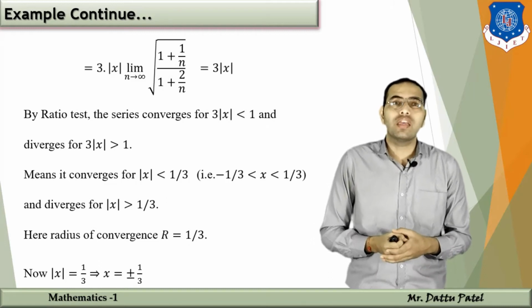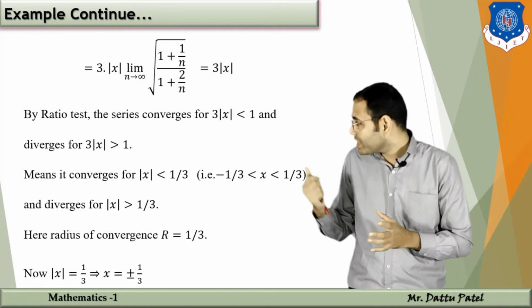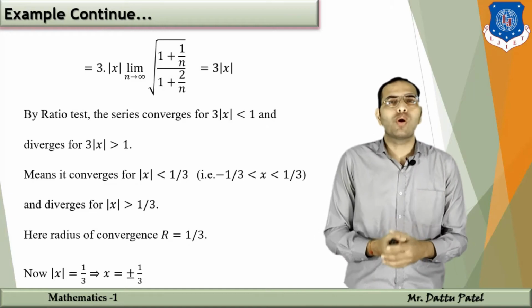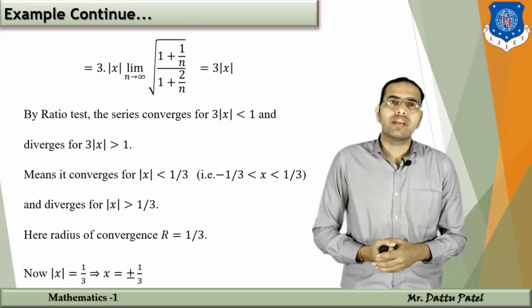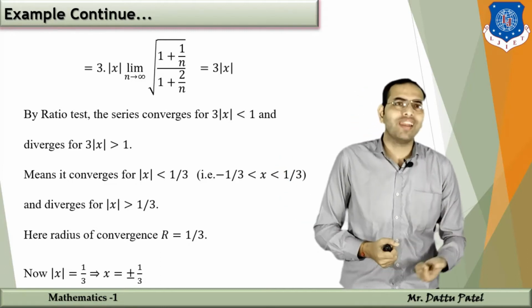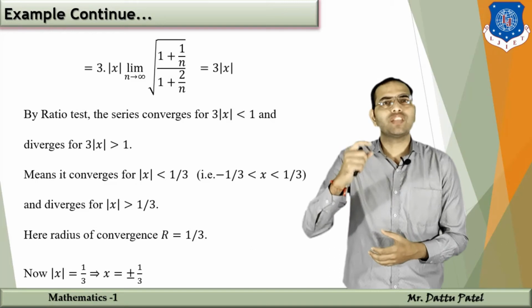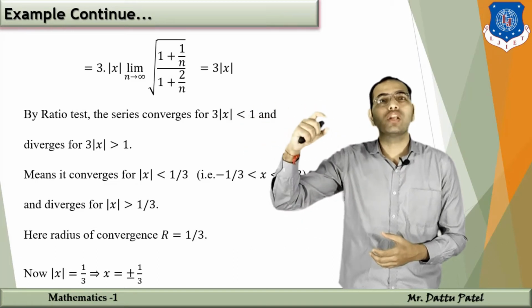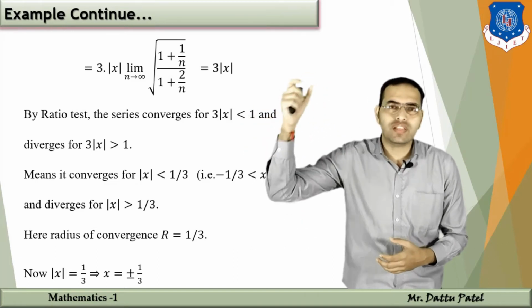So the condition of convergence is mod x less than 1 by 3. Hence we can say that the radius of convergence is R equal to 1 by 3. Between minus 1 by 3 and 1 by 3, the given series is convergent.